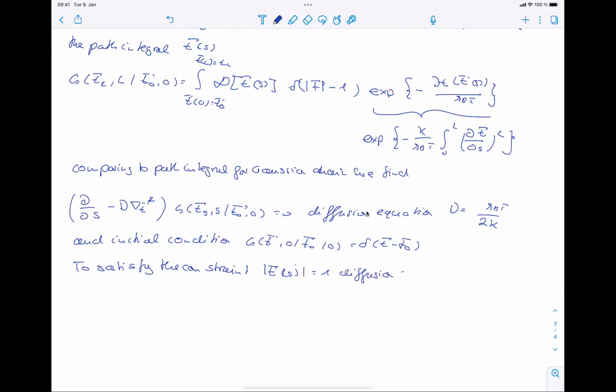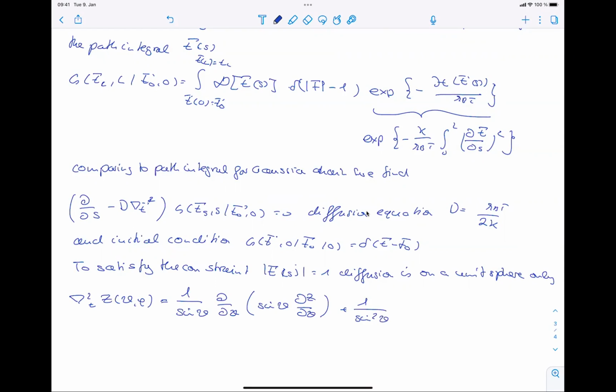Diffusion is on a unit sphere only, which means that this Laplacian acting on a function that's a function of the spherical coordinates, plus 1 over sine squared theta d squared over d phi squared.